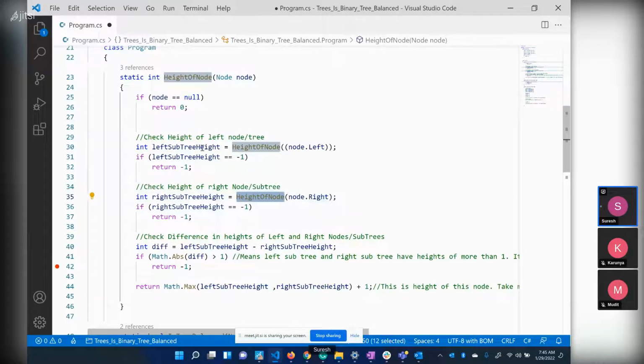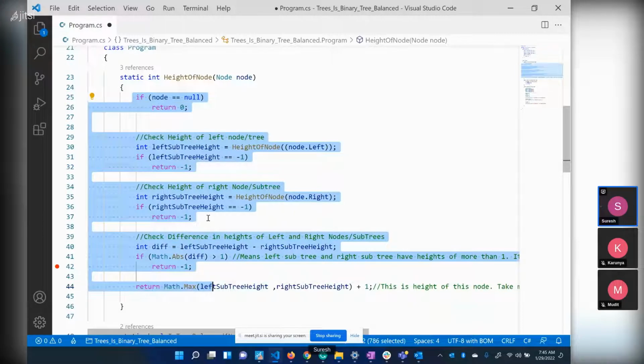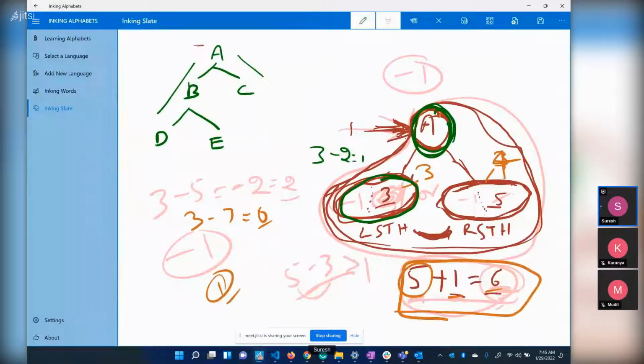So at any point of time, we got the minus 1. You are calling the same method, so if this returns minus 1, what does that mean? There are some nodes here which are not balanced. Some subtree of this tree is not balanced. You no need to compare with this one.